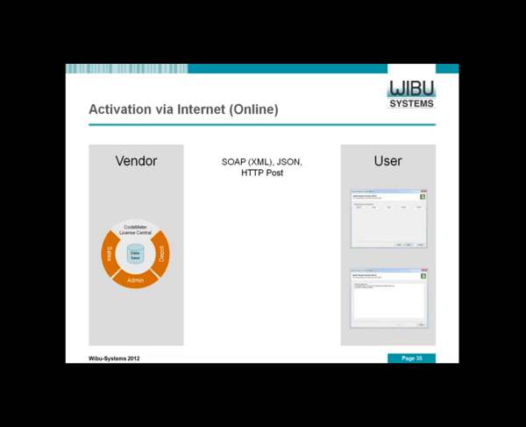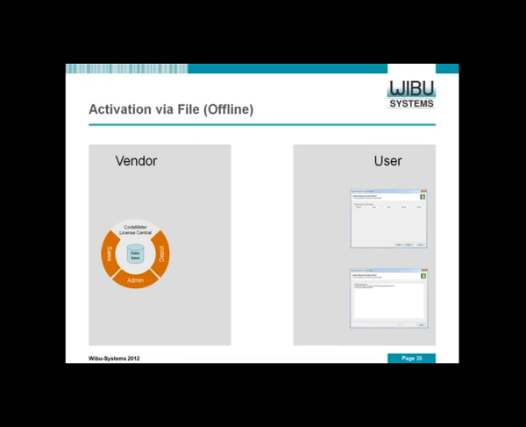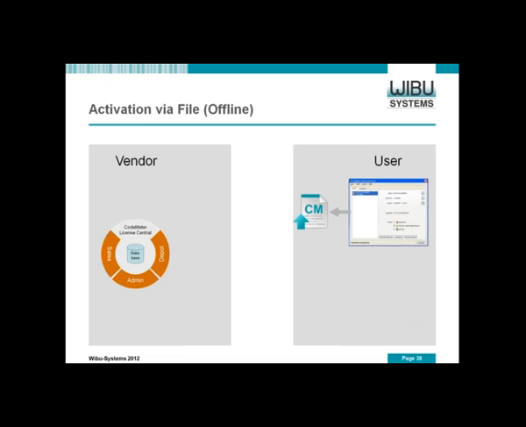We can have this license activation online, which means the activation wizard directly speaks with License Central, gets the license file back, and sends a receipt. On the other hand, there's also an offline activation, which means the user manually, half automatically, generates a license request file.